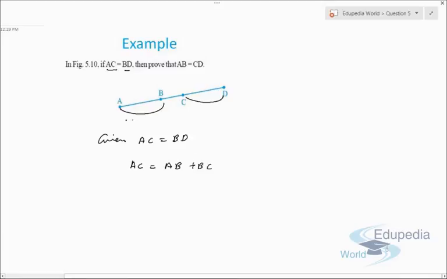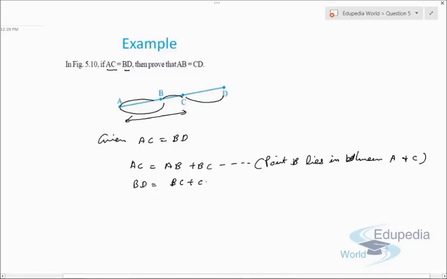Why? Because AC is made up of, this is a line, so AC can be written as AB plus BC. Why? Because point B lies in between A and C. Again, we can write BD as BC plus CD.